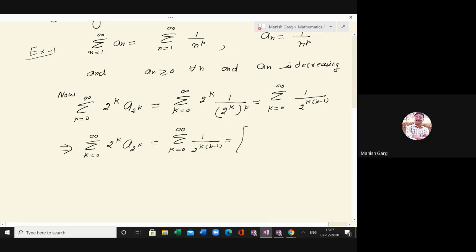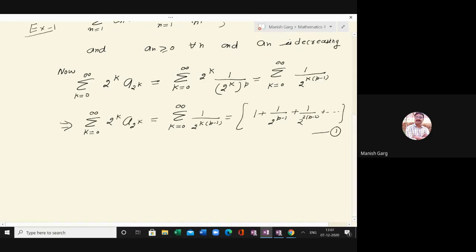If you open this, it is 1 plus 1 upon 2^(p minus 1) plus 1 upon (2^(p minus 1)) squared, and so on. Suppose the first term is 1, so you can say this is a GP.